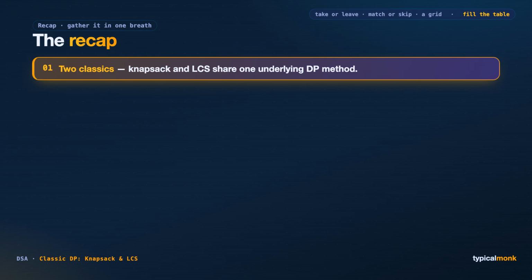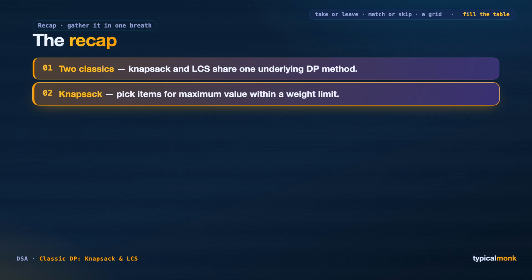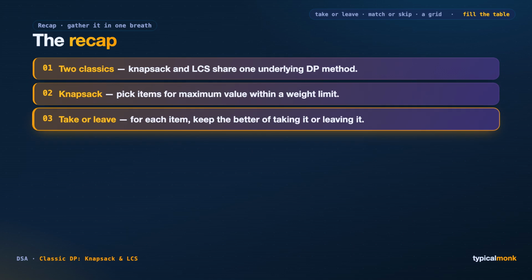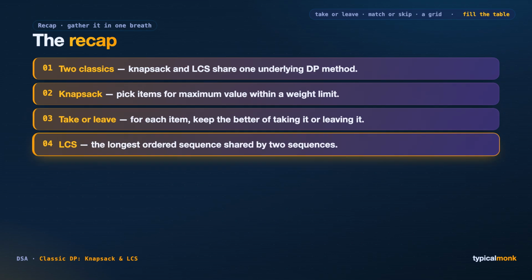Let us gather the whole class in one breath. Two famous problems, the knapsack and the longest common subsequence, share one dynamic programming method. The knapsack: choose items for maximum value within a weight limit. Its recurrence is take or leave: for each item, keep the better of taking it or leaving it.